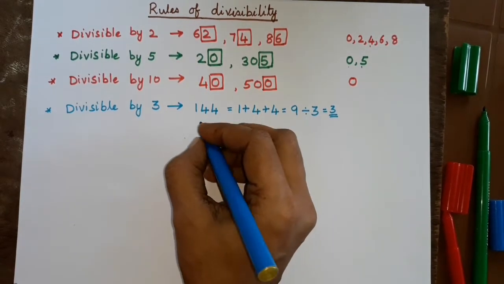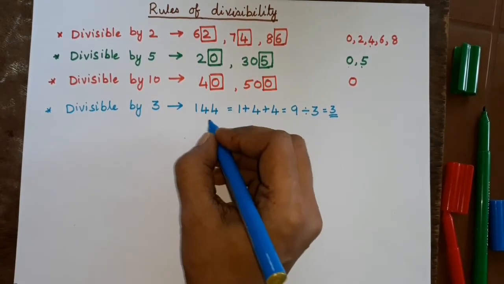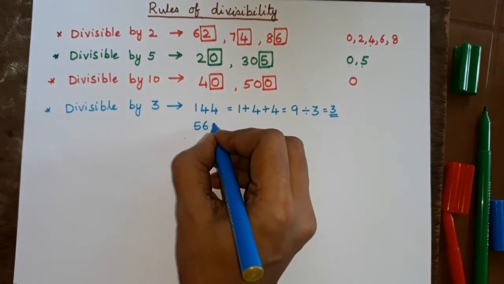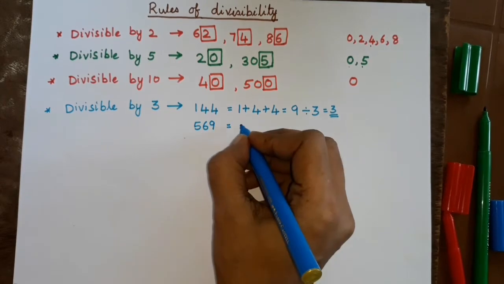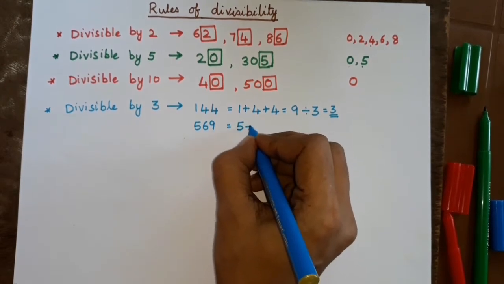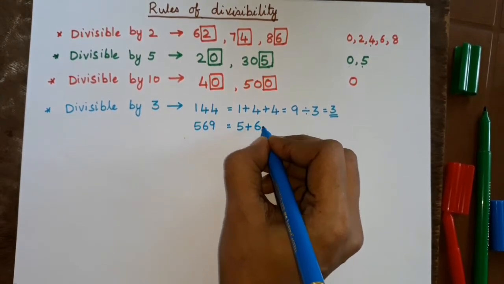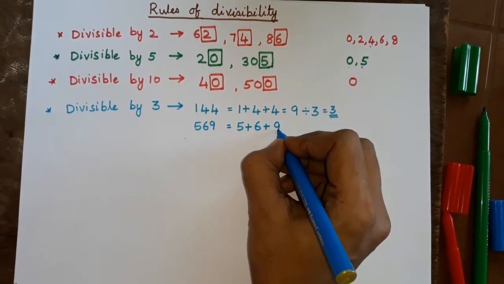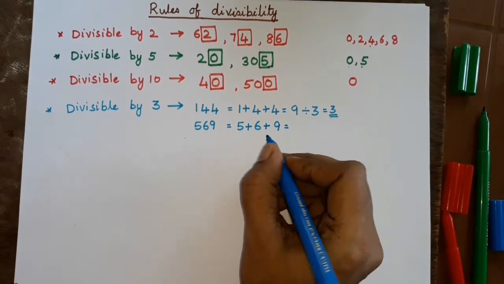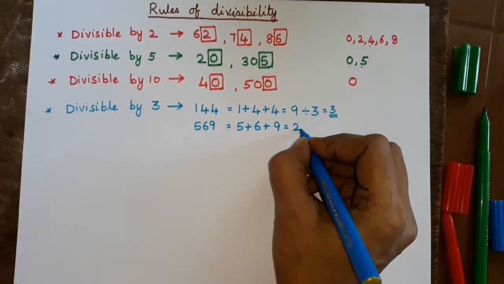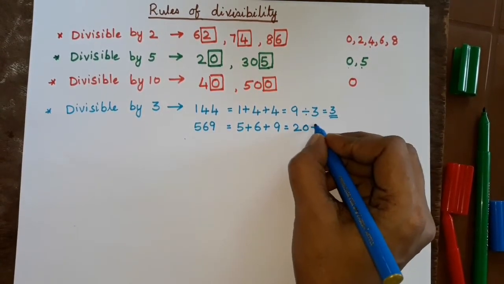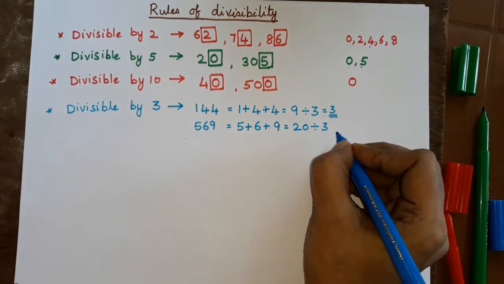Now let's take 569. We are going to check. Again the rule: we take 5 plus 6 plus 9. 5 plus 6 is 11, plus 9 is 20. Is it divisible by 3?